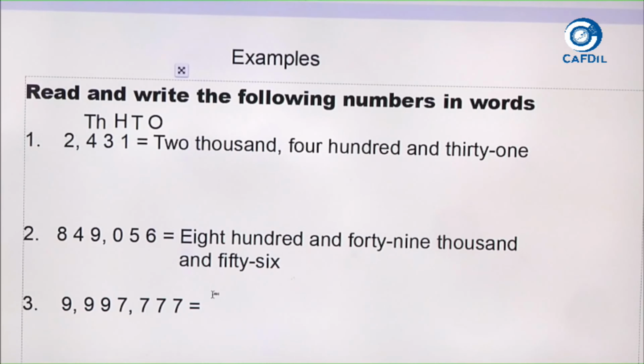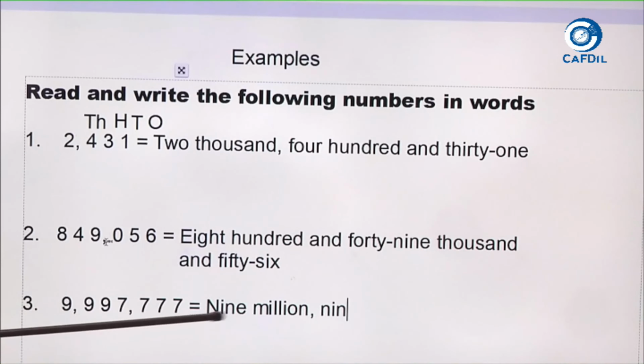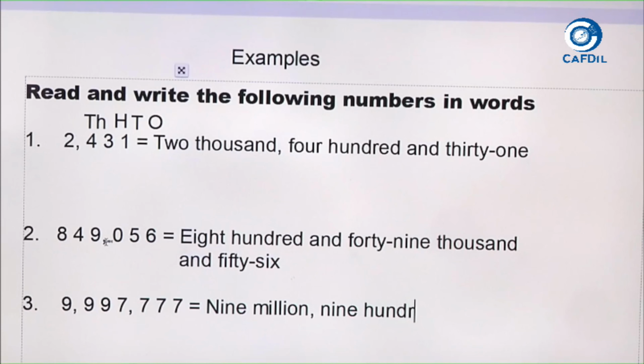So learners, let's write. 9 million. So after the group, you bring the comma. 997,000.